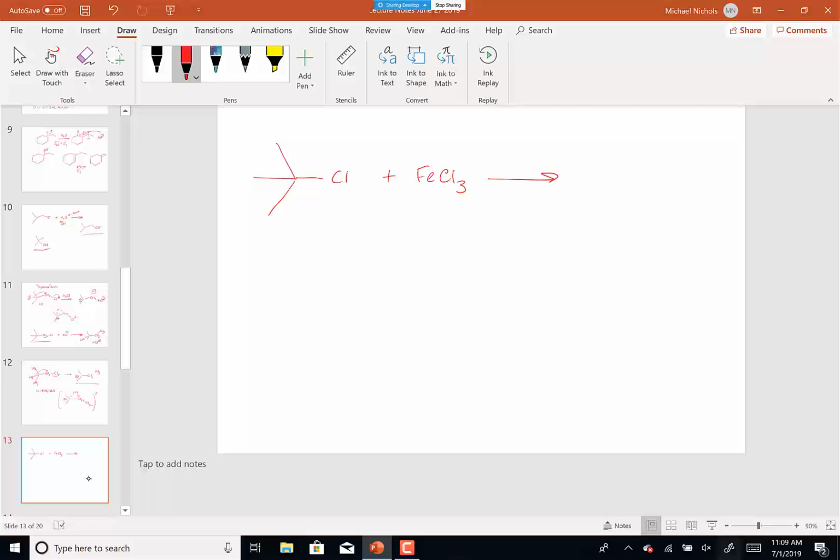Now what we're going to learn next semester is this: using iron or aluminum or silver will form a carbocation, because those metals will grab the chlorine off the carbon. So in this case, the chloride would transfer over to the iron to make FeCl4 minus, because it picked up a Cl minus.